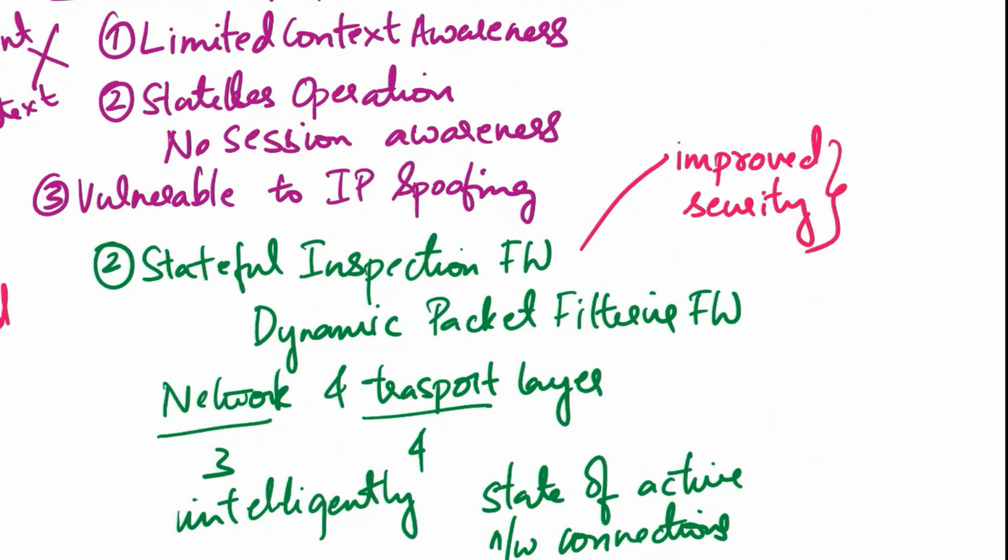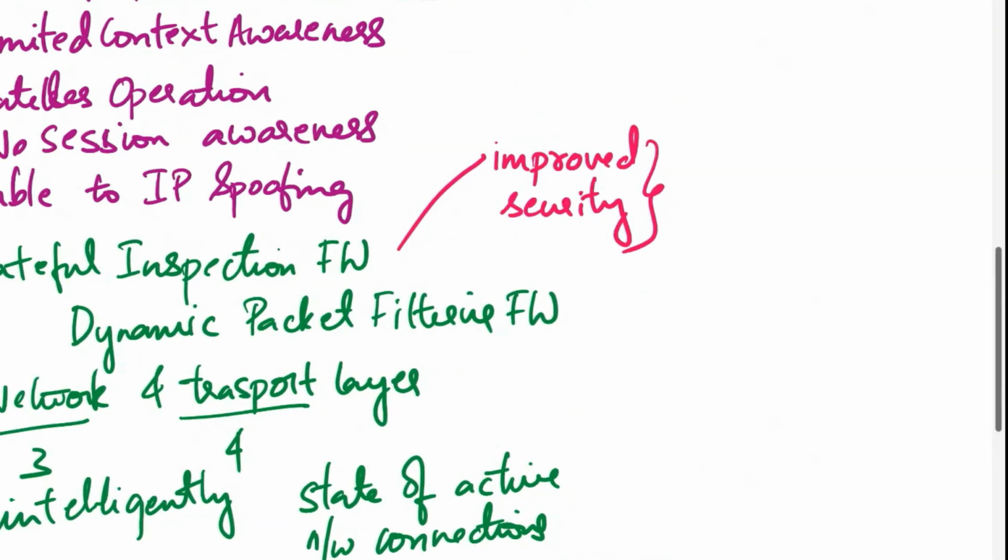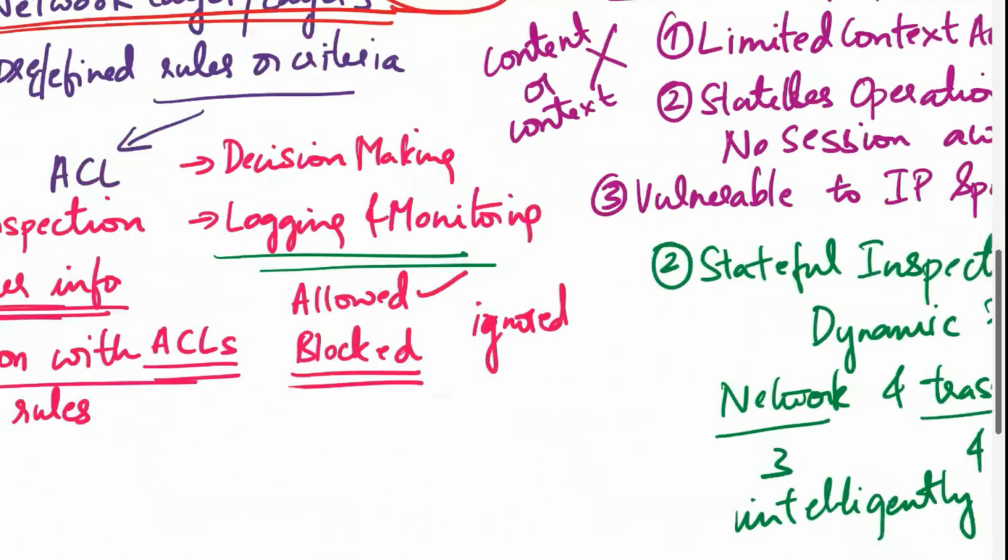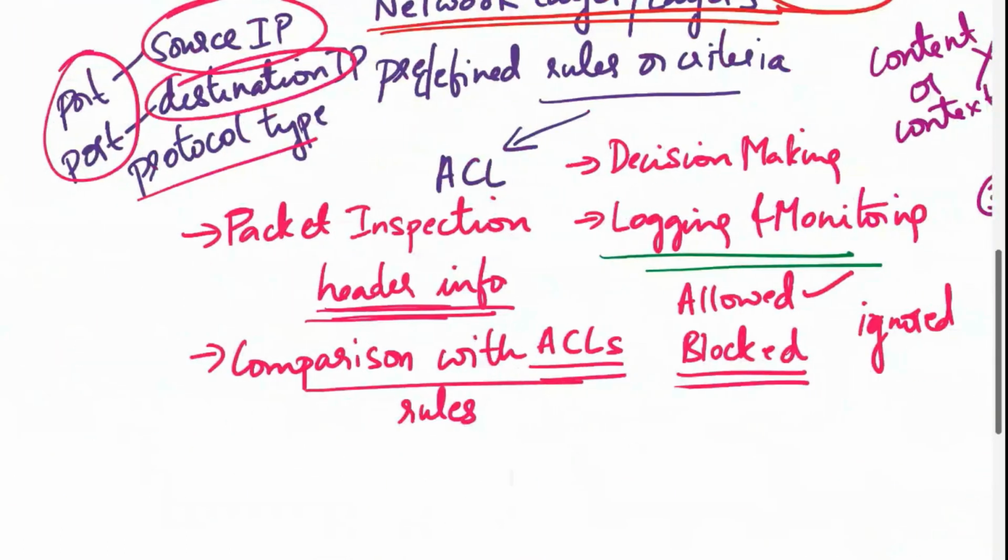So, improved security is the advantage provided by stateful inspection firewall, but they may introduce some latency in processing traffic compared to basic packet filtering firewalls due to the additional state tracking and rule evaluation. Stateful inspection firewalls are commonly used in modern network security architectures and play a crucial role in protecting enterprise networks from sophisticated threats.